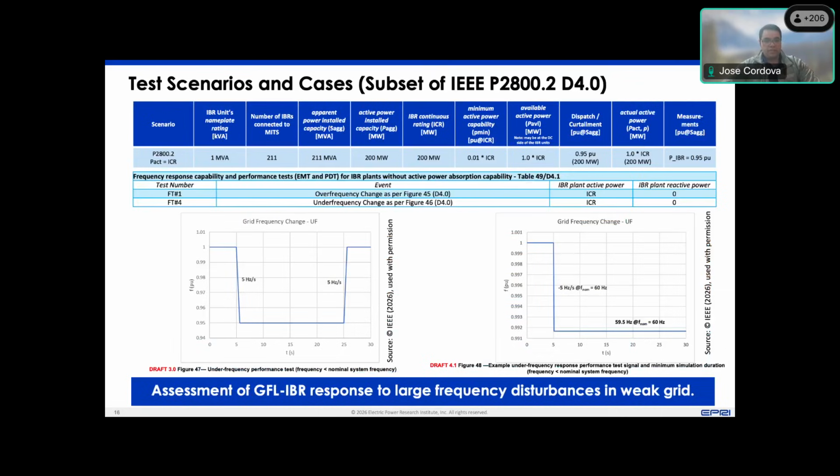And in previous drafts, one of these tests from .2, which was the frequency response capability, if you see here on the figure on the left that it says draft 3, that was a previous type of test stated in .2, where the frequency step change was about 1.8 hertz, and then it got changed in the most recent draft, which is draft 4.1.